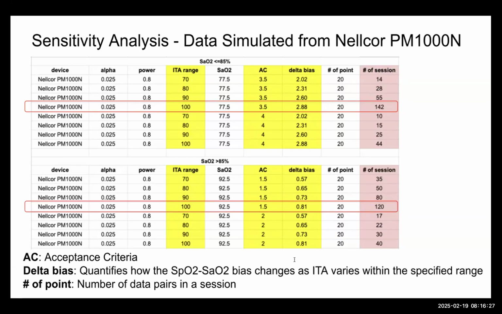So we have enough power to say the delta bias is significantly different from the acceptance criteria. When comparing the acceptance criteria column and the delta bias column, we notice that when delta bias gets closer to the acceptance criteria, the number of sessions or the number of subjects in the last column increases.